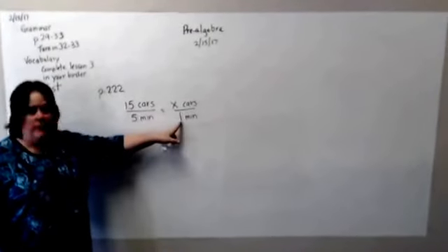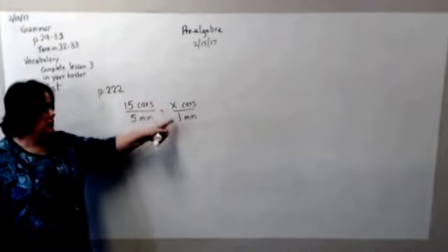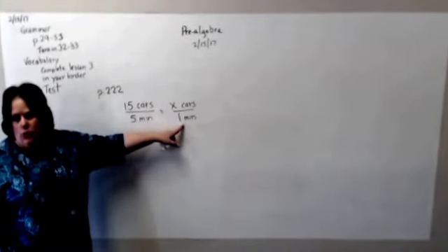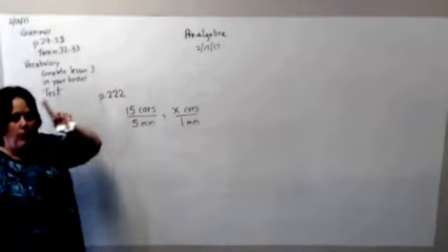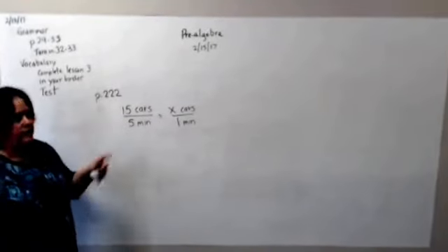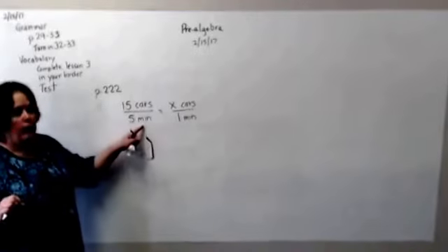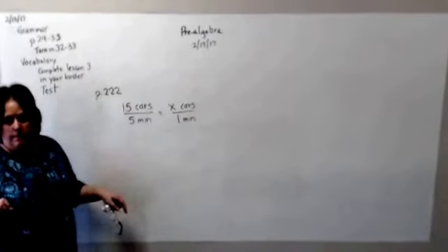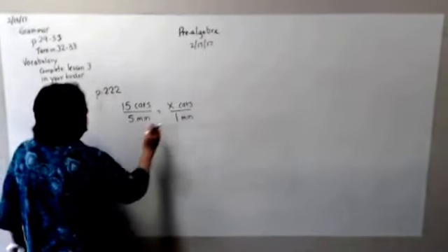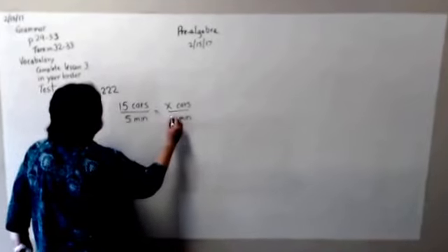If it's per 1 minute, then it's always just going to be multiplied times 1. It doesn't change it. So for per 1, we can say just 15 divided by 5. When we're looking for a unit rate, the per is always at the bottom. Okay? So, now, the next question is 2 minutes.